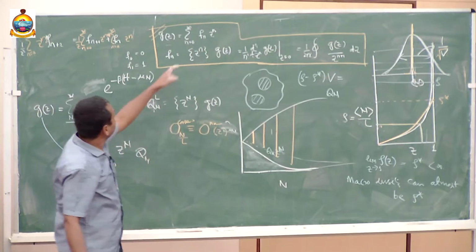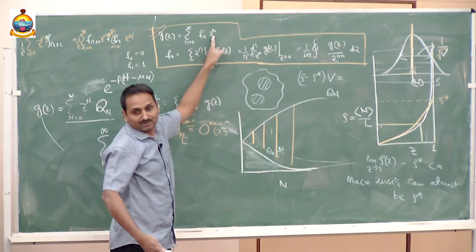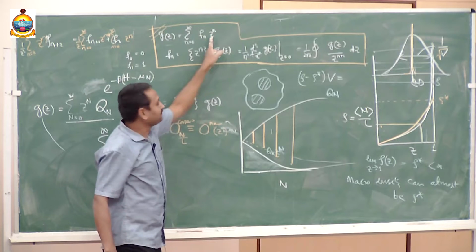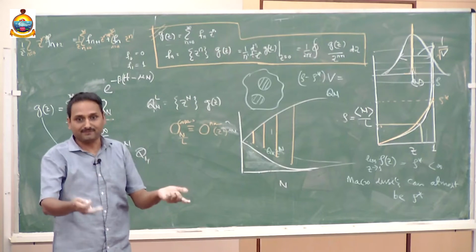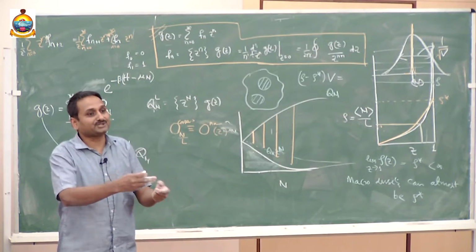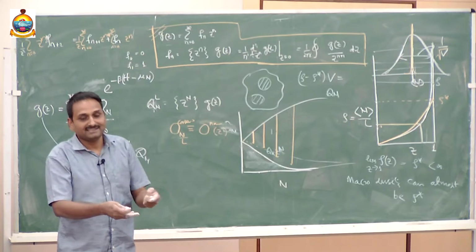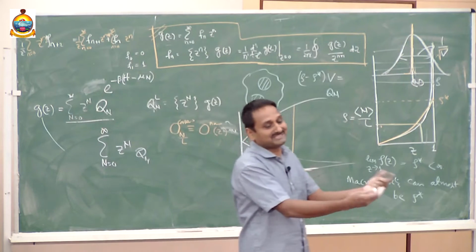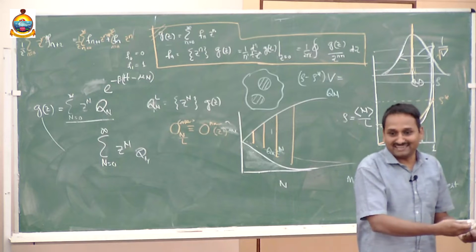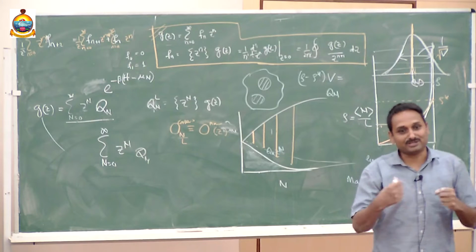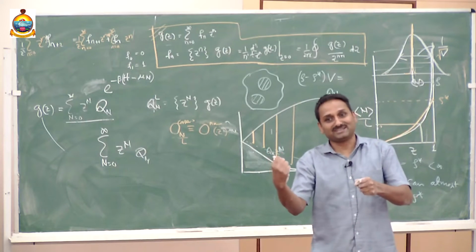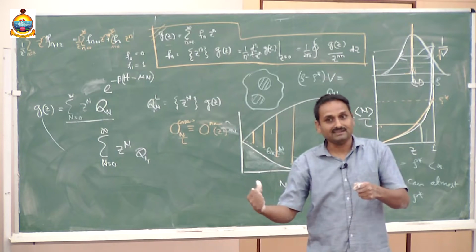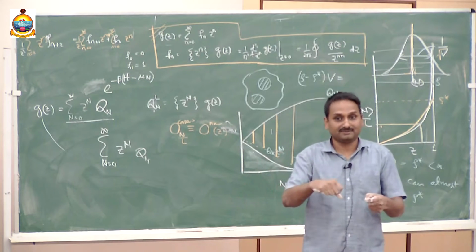That restricts z to be less than 1. If you call z equal to e to the power minus alpha, alpha has to be greater than 1. That alpha is something you call the inverse temperature. For energy, the corresponding chemical potential is the temperature, and it has to be larger than 1.